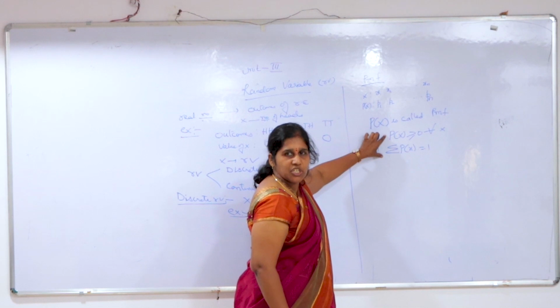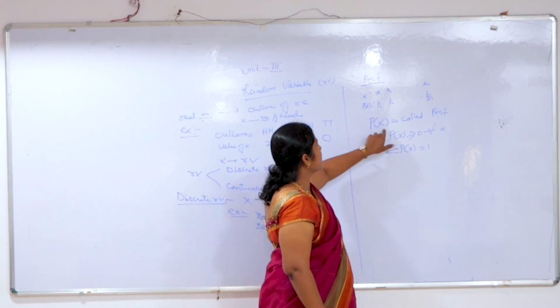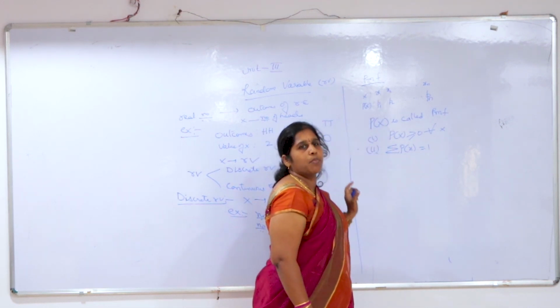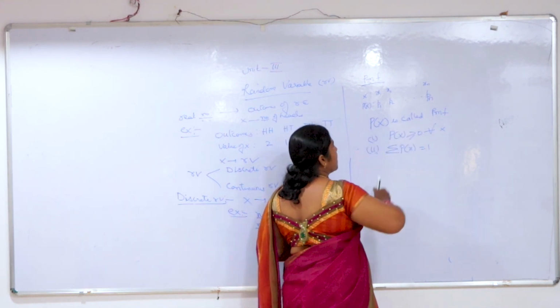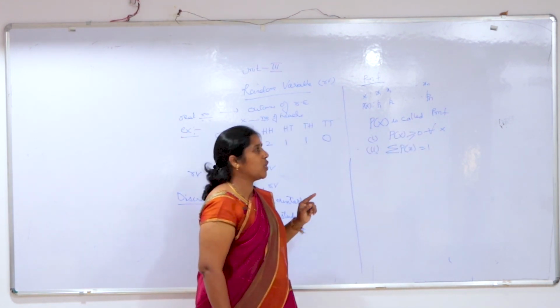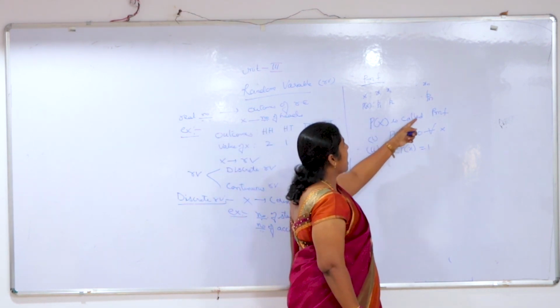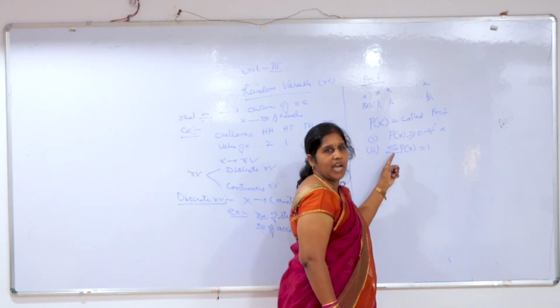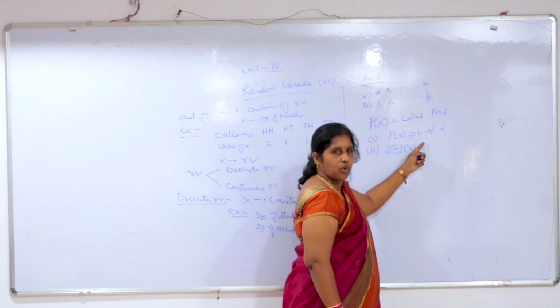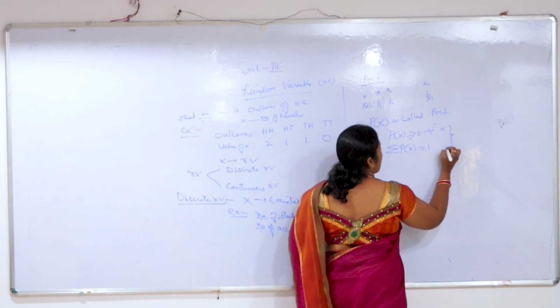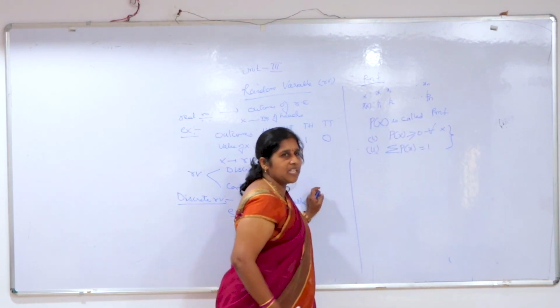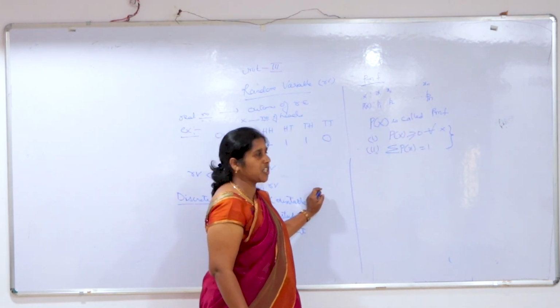If these 2 conditions are satisfied, then we say the function P of X is a probability mass function. So the important definition here is probability mass function. So what is probability mass function? If P of X satisfies 2 conditions, P of X greater than or equal to 0 and total probability equal to 1, we call P of X as probability mass function.